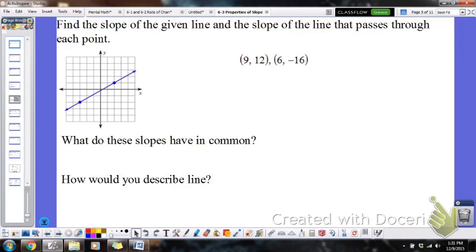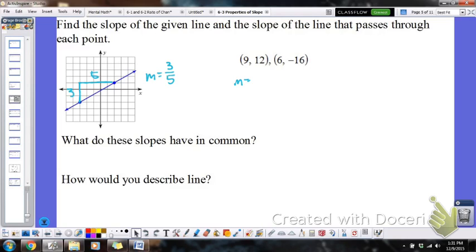We're going to find the slope of the line again and the slope of the points. So looking at the slope of the line, I need to find my rise over my run. For these 2 points, I have to go up 3, and I have to run 1, 2, 3, 4, 5, making this slope m equal to 3 over 5. So my first slope is 3 over 5. Now I have to find the slope between these 2 points.